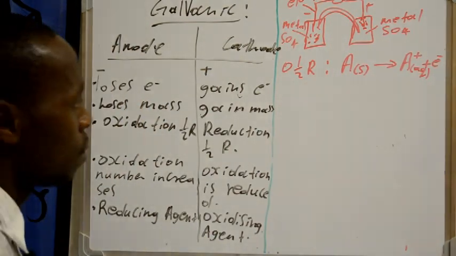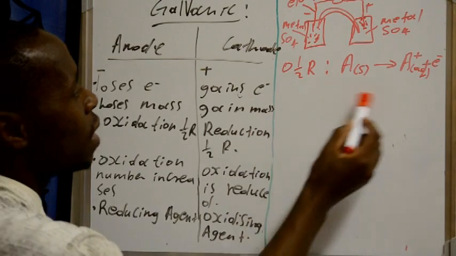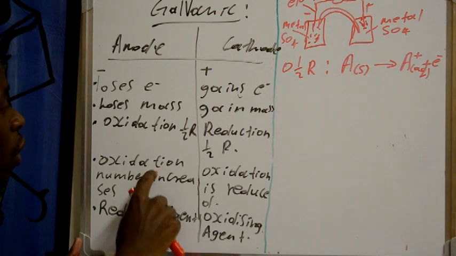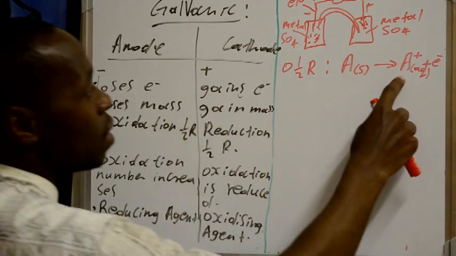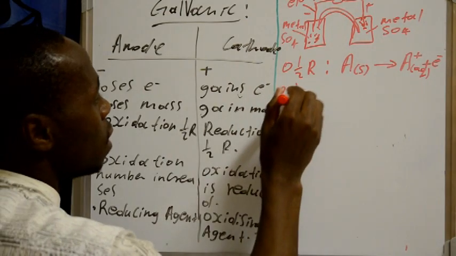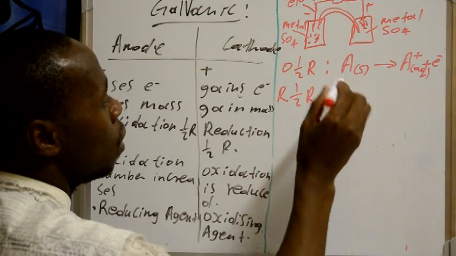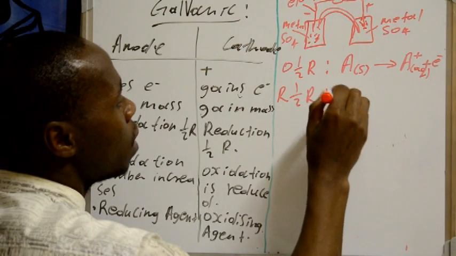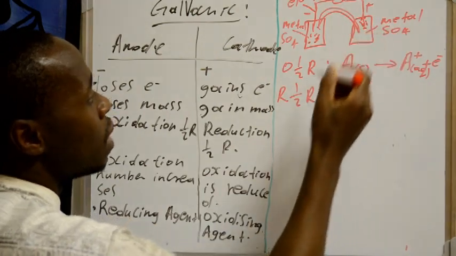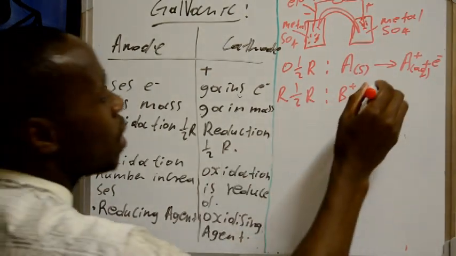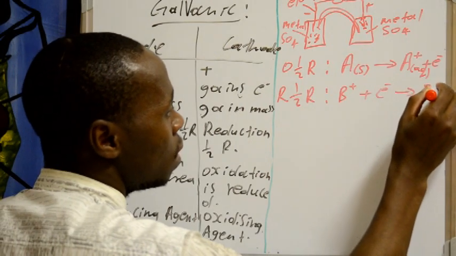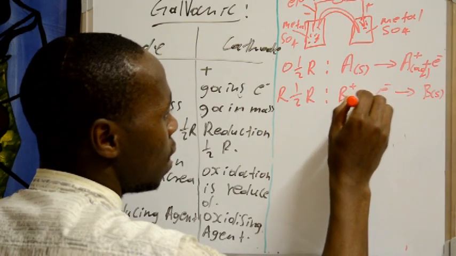The oxidation half reaction occurs at the anode, and it releases electrons to that side. The reduction half reaction: the ions in the solution gain electrons and are reduced to become the metal B, a solid.